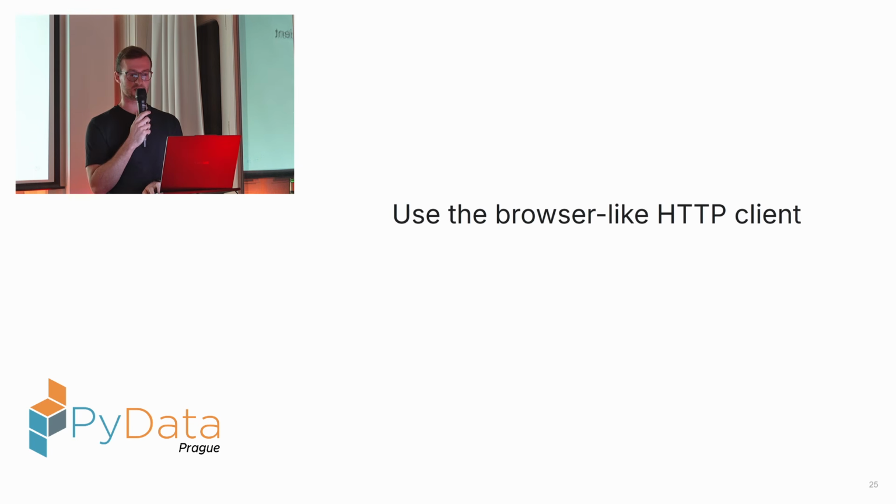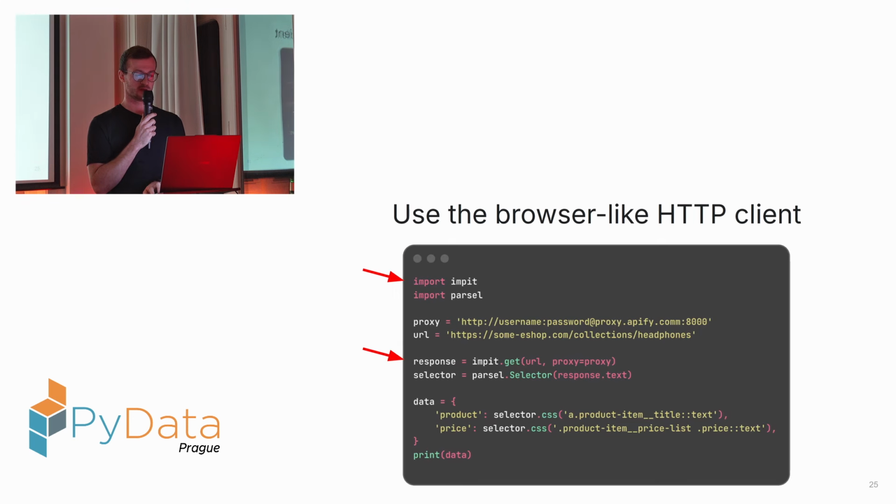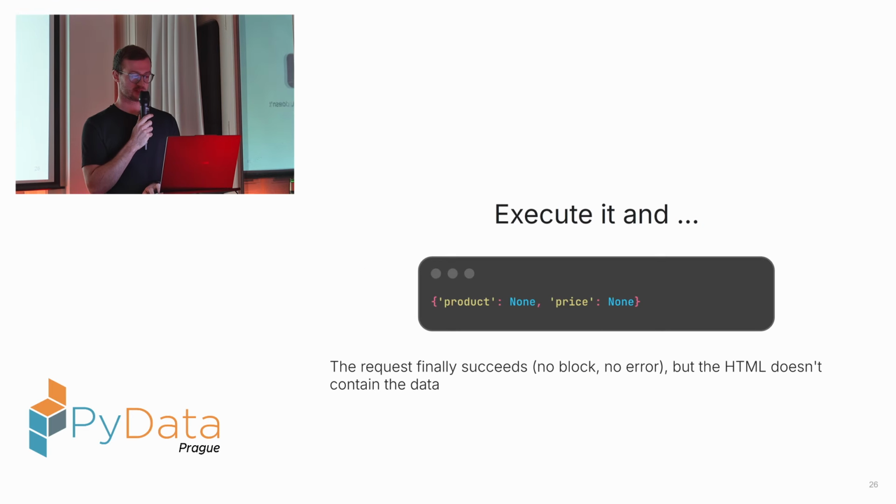So let's update our scraper to use Impit. It has the same interface as HTTPX, so all we have to do is basically string replace HTTPX with Impit. Let's execute it, and wow, now there is no block, no error, but also no data.